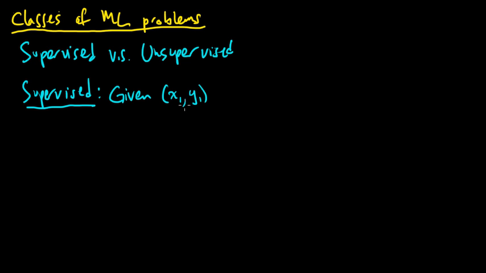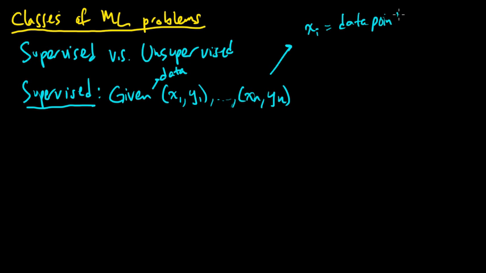Usually people write it this way, x1, y1 up to xn, yn. So this is given data, we usually say. And here we usually call the xi's the data points, and we might call the yi's, for classification, the class or the value or the target value.